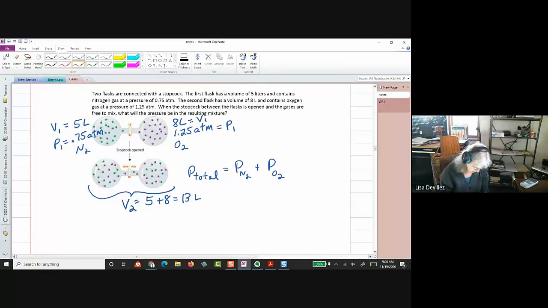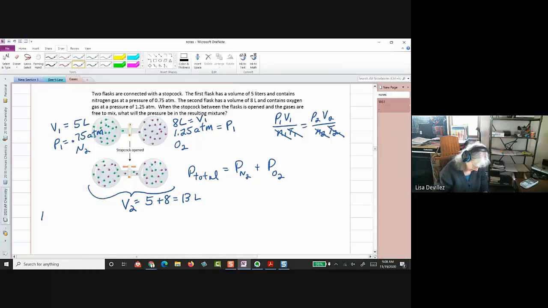So if we do P1V1 over n1T1 is P2V2 over n2T2, for both of them moles is staying the same, temperature is not changing.